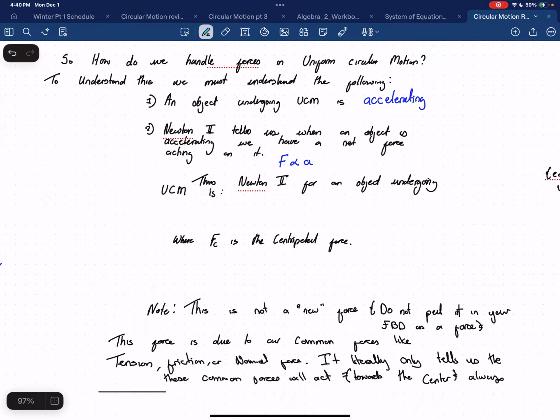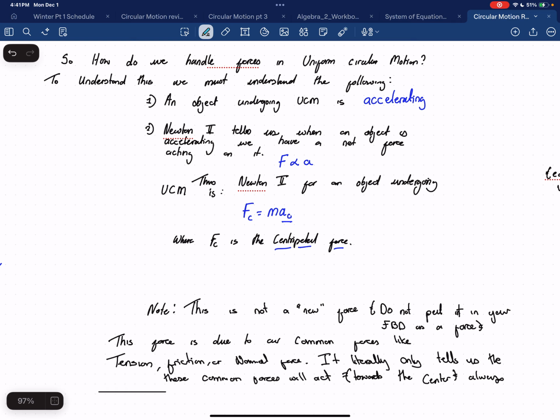An object undergoing uniform circular motion is accelerating because of the presence of a force. Remember, the acceleration is called centripetal acceleration, and the force present in this situation is called the centripetal force. Fc is the centripetal force.